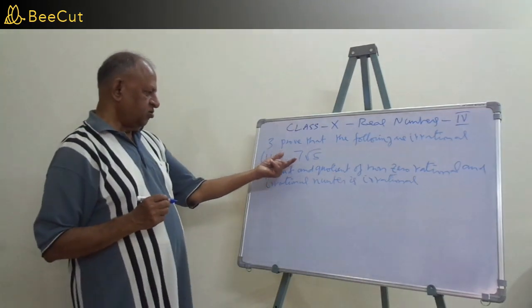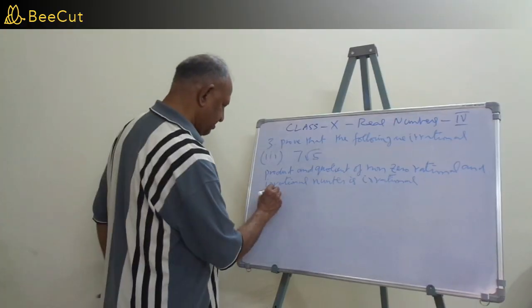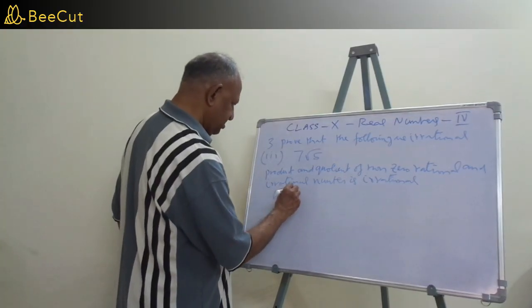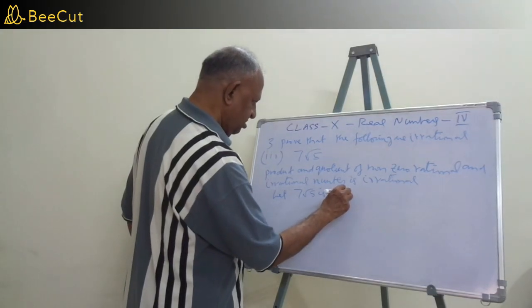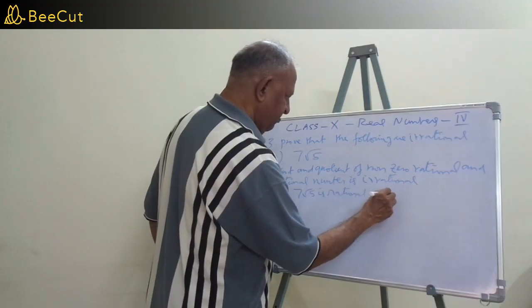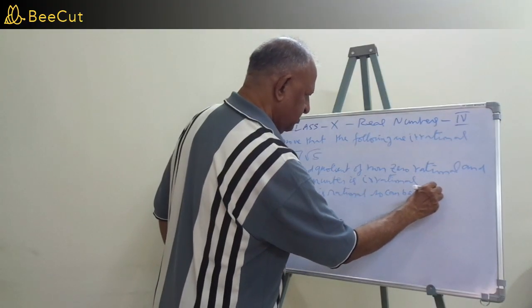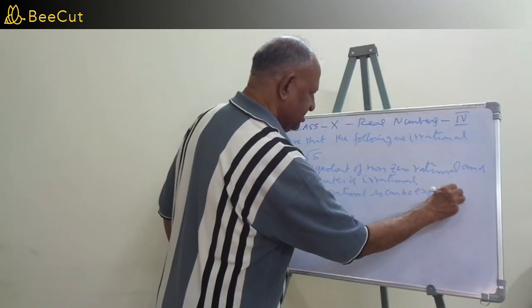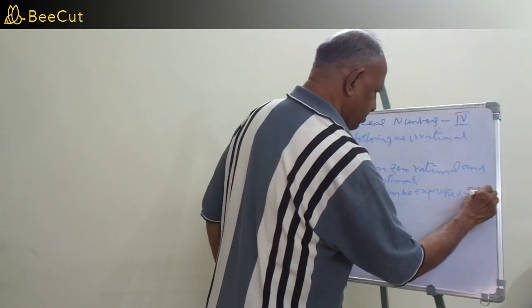So let us assume 7 root 5 is rational. So it can be expressed as a by b, b not equal to 0.